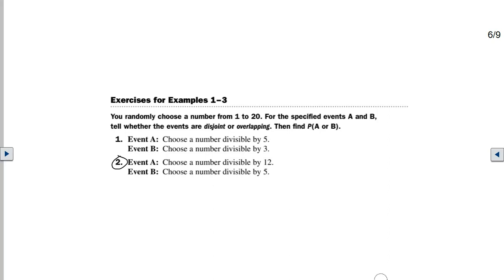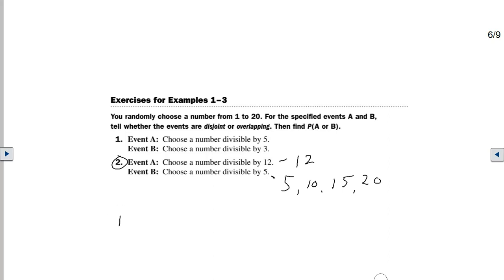So if I think about that, numbers 1 to 20, the only number divisible by 12 would be 12. Choose a number divisible by 5, well, that would be 5, 10, 15, and 20. So that's 4 of them. So individually, I'm going to write their probabilities. There's only one number out of the 20 that is divisible by 12.